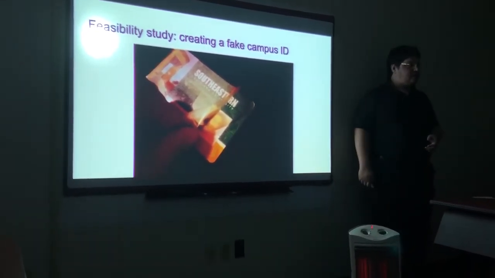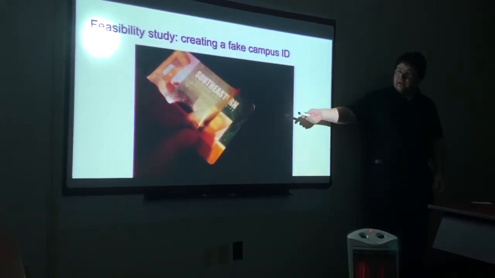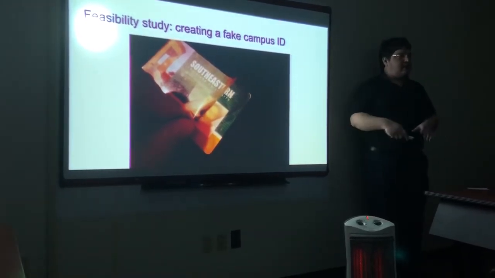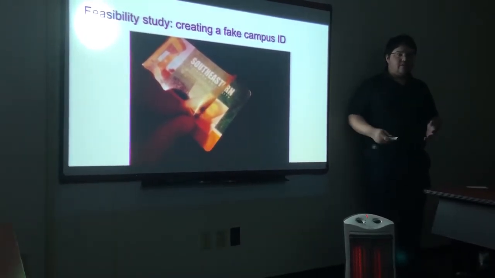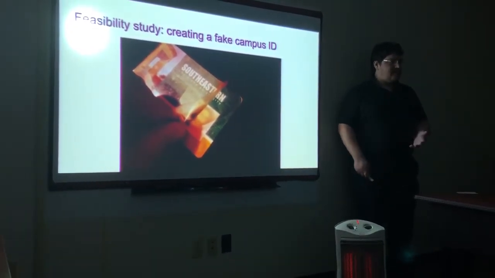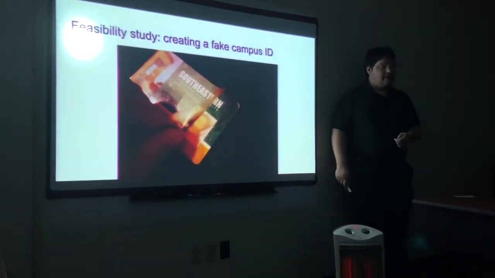If you went to the university bookstore and you wanted to buy, say, a $1,000 laptop, you could do that with your university ID. So if you're going to be going out and about as a malicious actor and you wanted to make a big ticket $1,000 purchase on somebody else's behalf, you would actually need a physical ID.